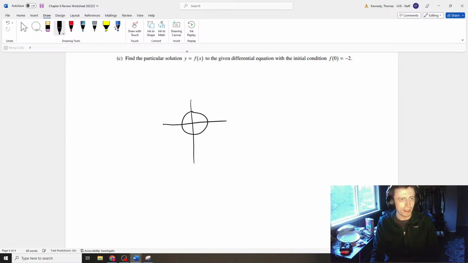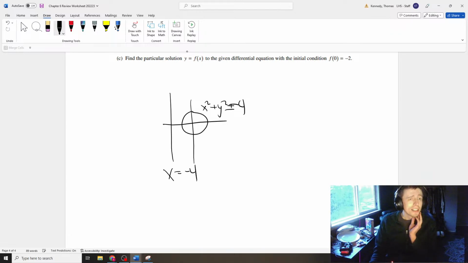Donut question. Here's my donut. X squared plus y squared equals 4. I'll rotate it around x equals -4. So it has a radius of 2, so also height of 2. And you notice something weird when you look at this one.